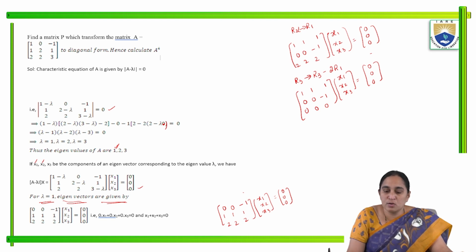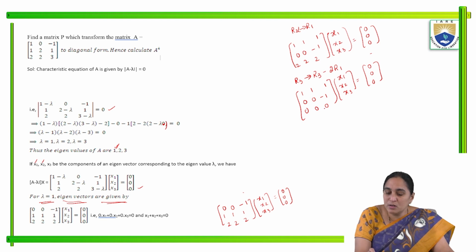After reducing the matrix to echelon form, now we have to write it in equation form. If all are zeros in a row, now write the equations, and easily we can get the values of x1, x2, x3.